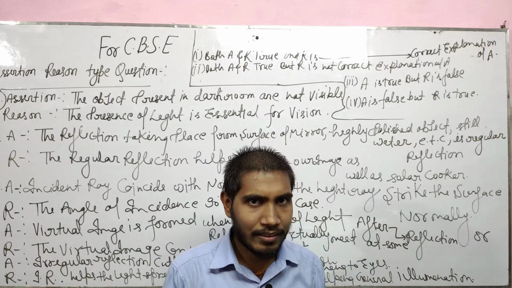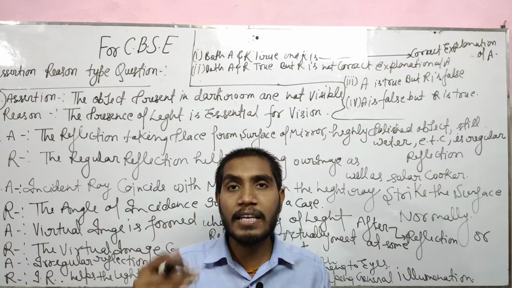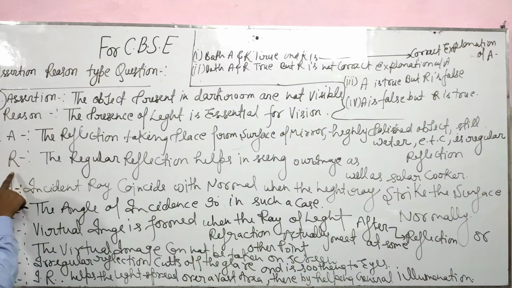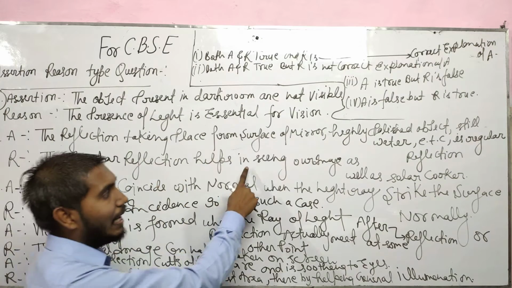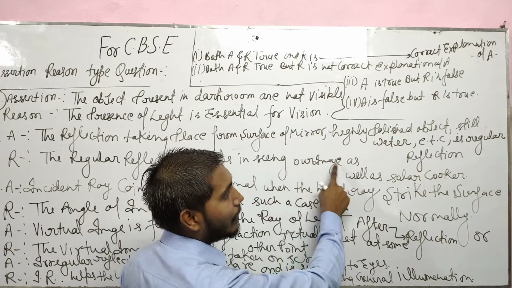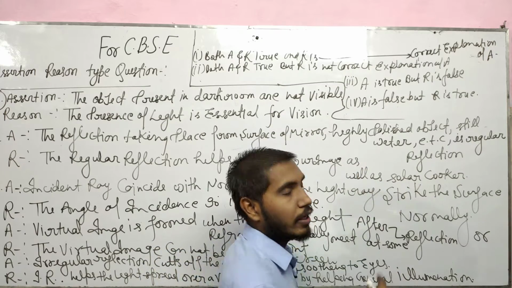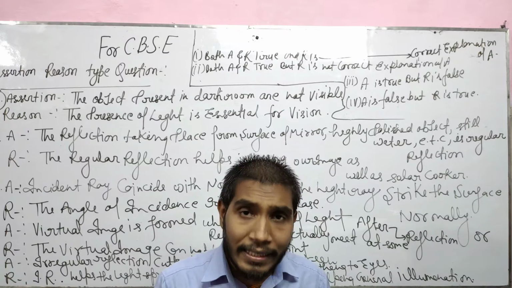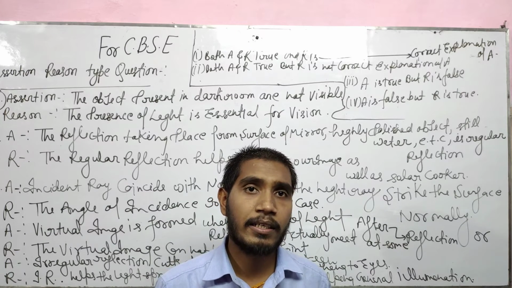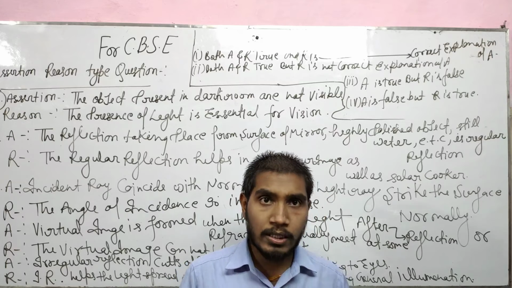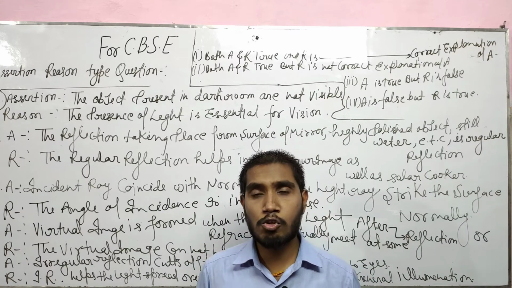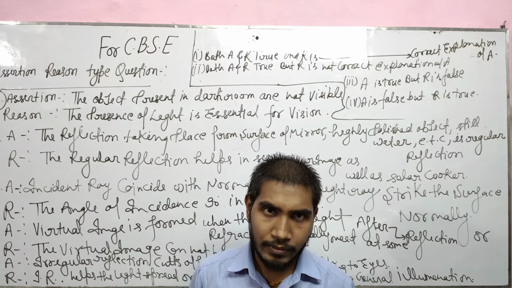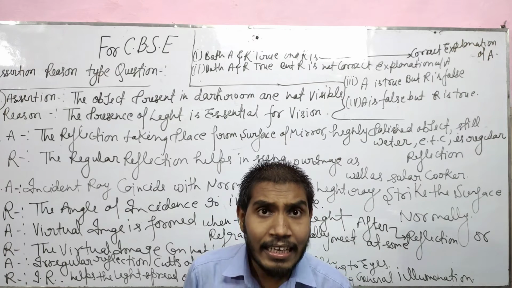Reason: regular reflection helps in seeing our image, and solar cookers and other optical instruments use the regular reflection. Yes, this is correct.